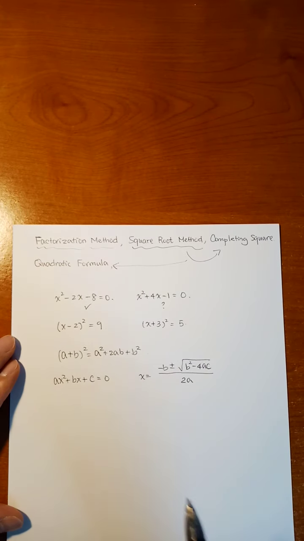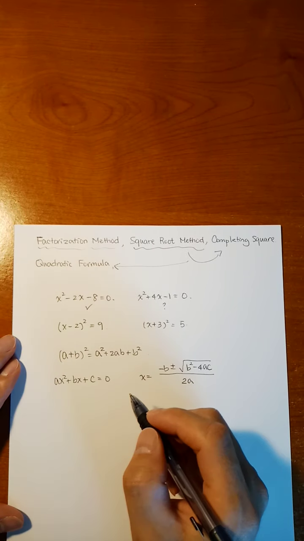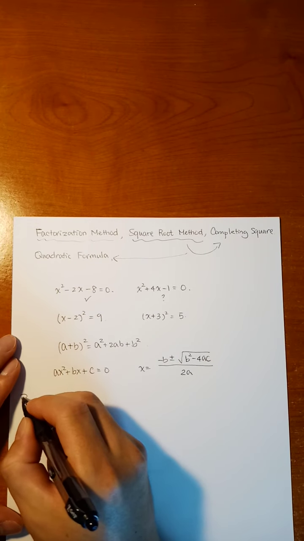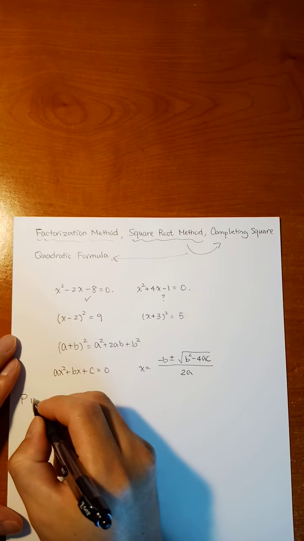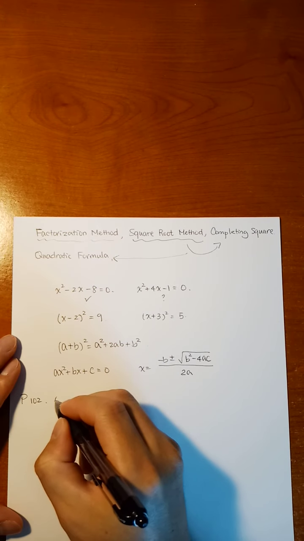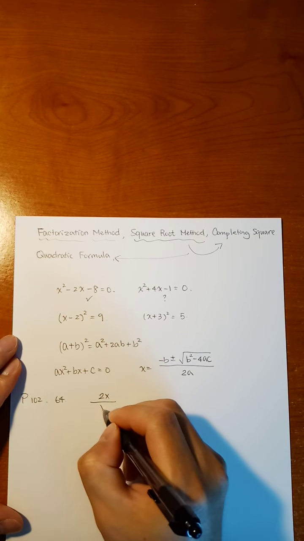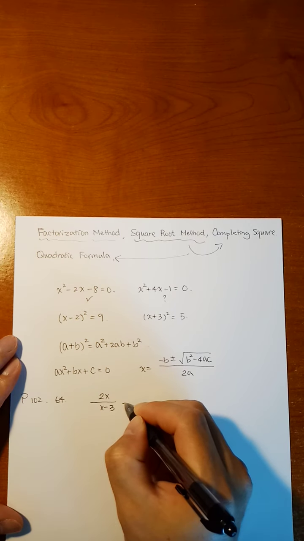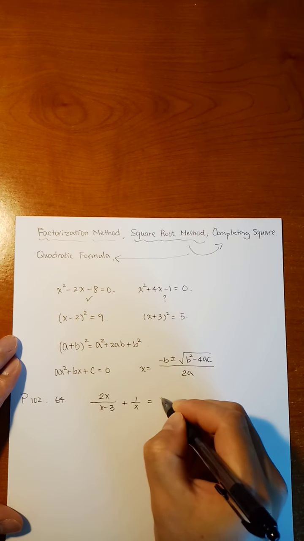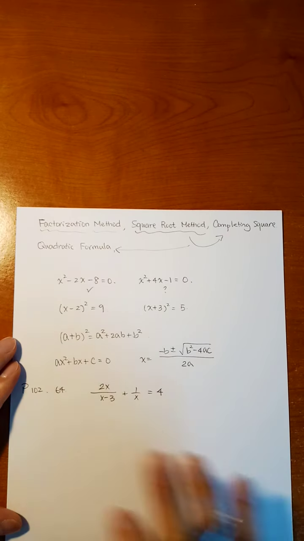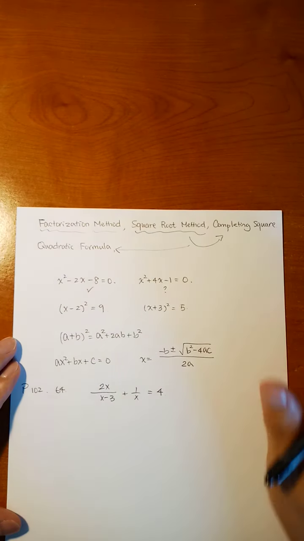Okay, so let's see if we have more examples. If we have something like this, on page 102, number 64: 2x over x minus 3 plus 1 over x is equal to 4. If you have such an equation, now we don't care what method we have.